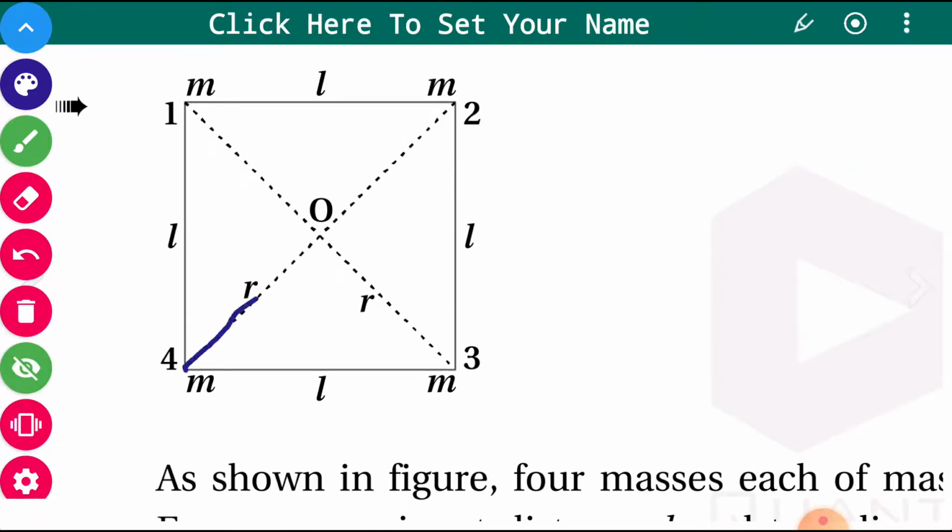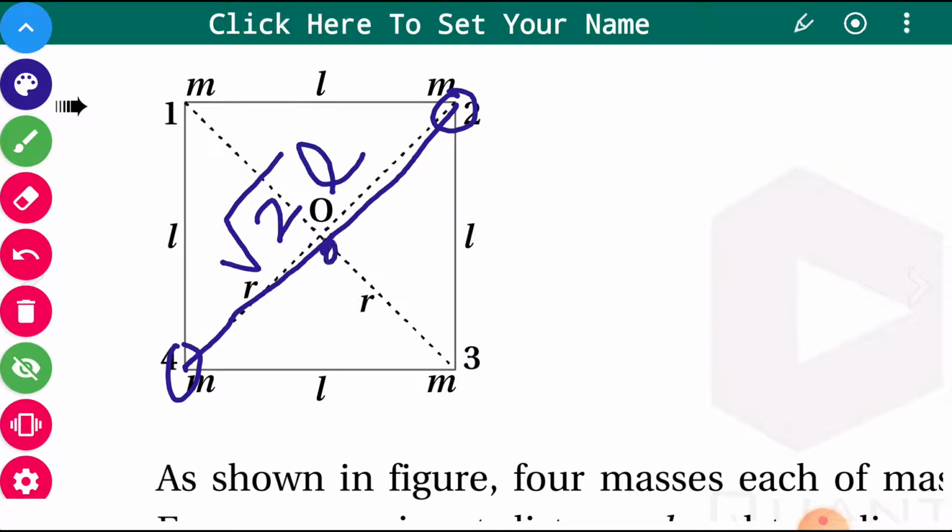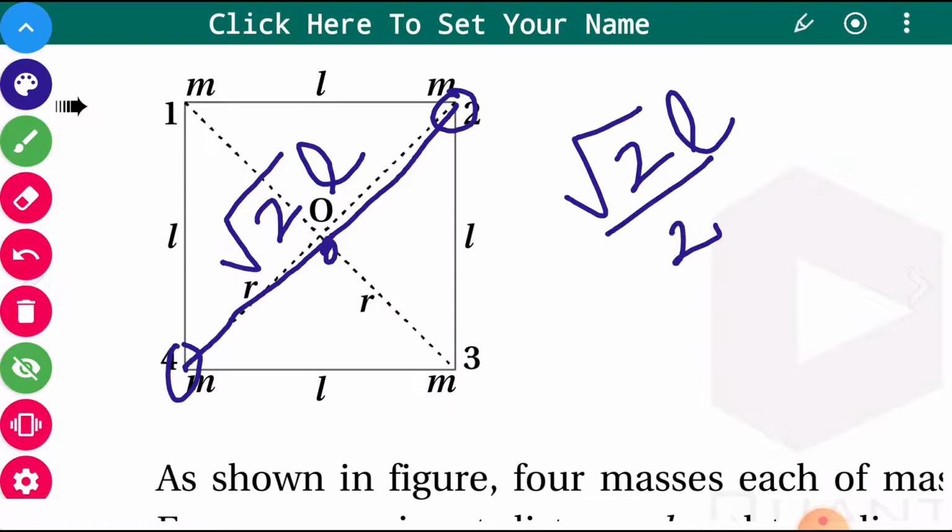The distance of these 2 points which are at the corner is under root 2L. Then this center is at half of this under root 2L. So under root 2L divided by 2, so it becomes L upon under root 2. That will be the distance of center from each vertex.